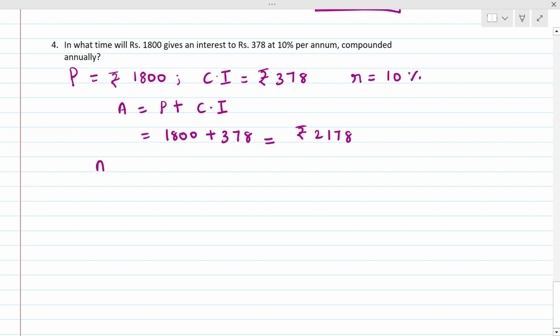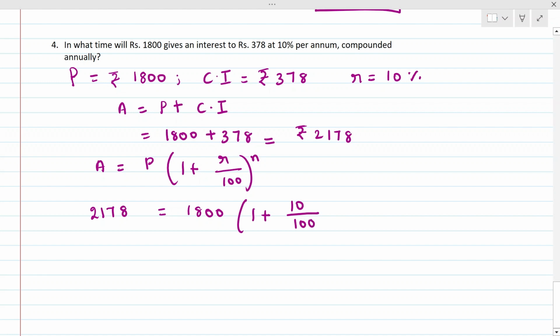So now the amount formula: amount equals P into 1 plus R by 100 the whole power n. So now the amount is 2178 equal to principal 1800 into 1 plus R, which is 10, so 10 by 100, the whole power n. We want to find n now.